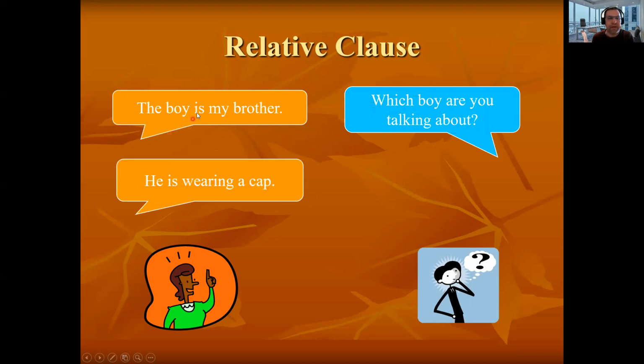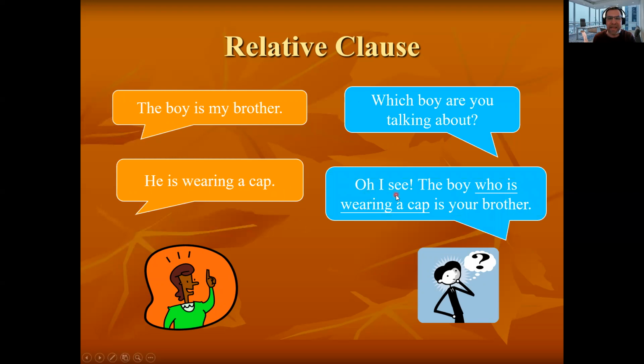What we have here are 2 very simple sentences. The boy is my brother, and he is wearing a cap. So the question is, how can we take all this information, the boy is my brother, and he is wearing a cap, and make them into one sentence?